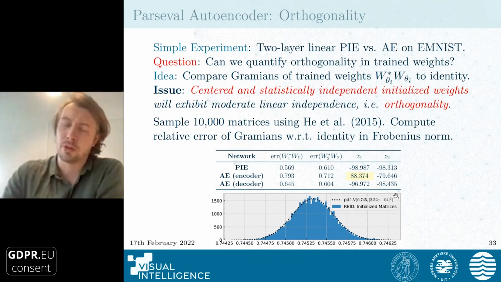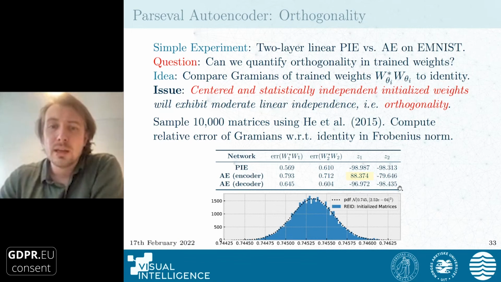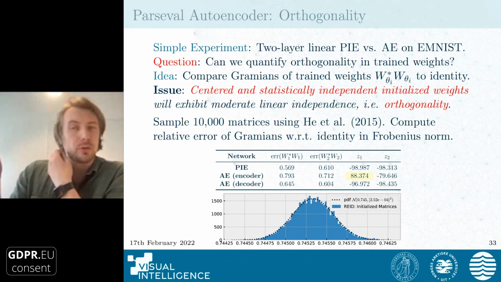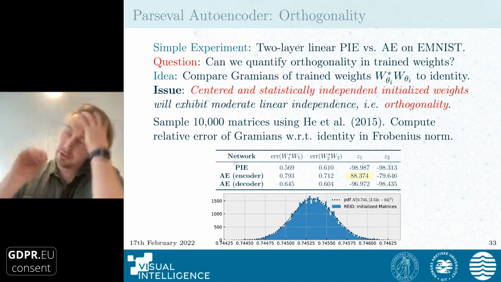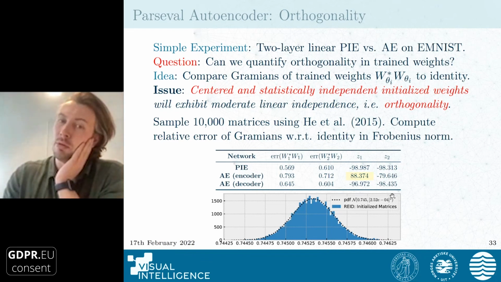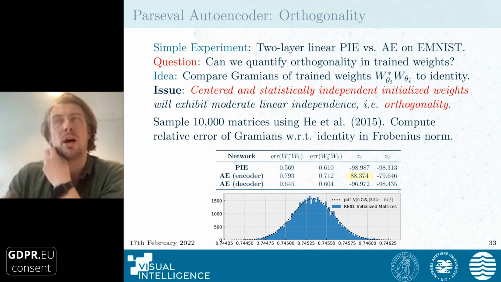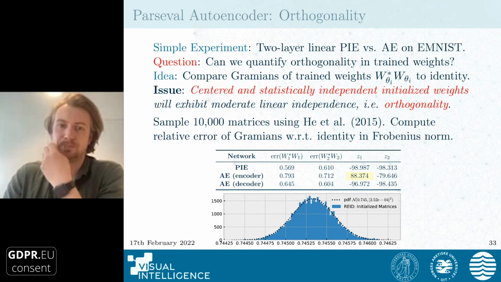So this was a two-layer model, just to clarify. So basically, an autoencoder on its own does some orthogonal things. However, a pseudo-invertible encoder will be even more orthogonal, or basically applies this to an even greater extent.